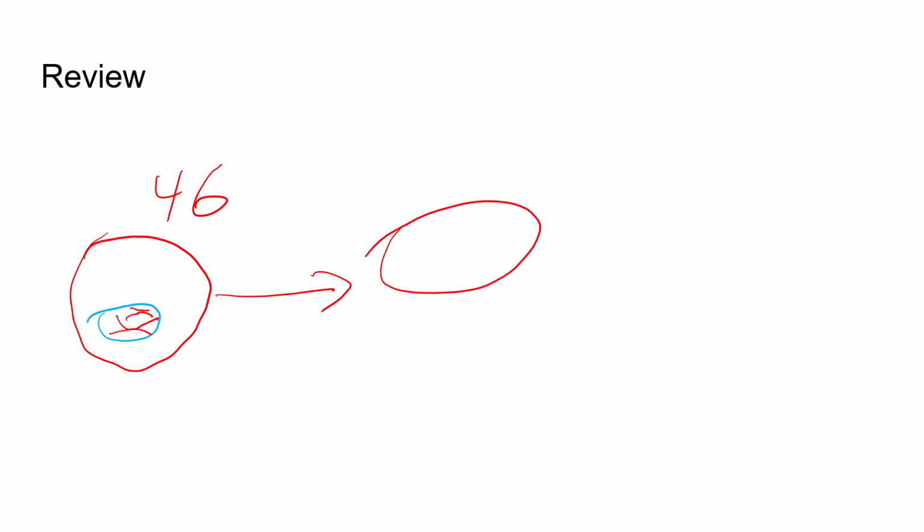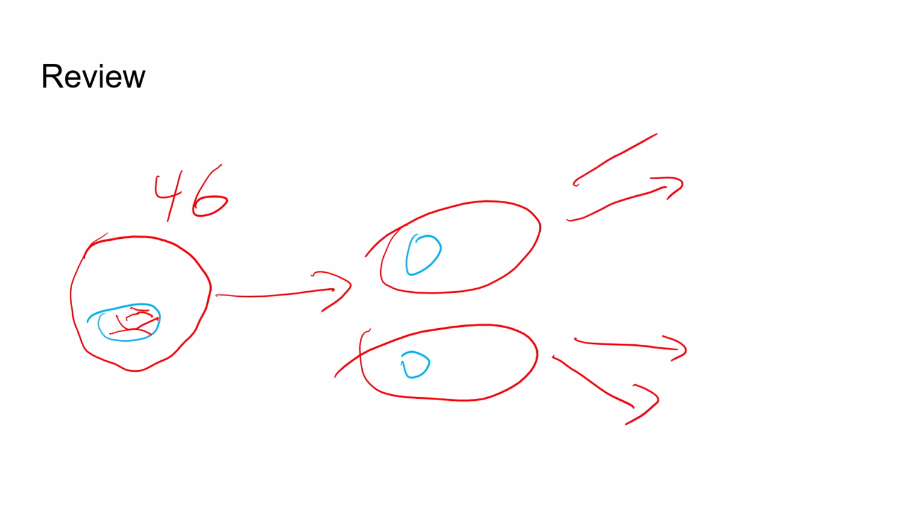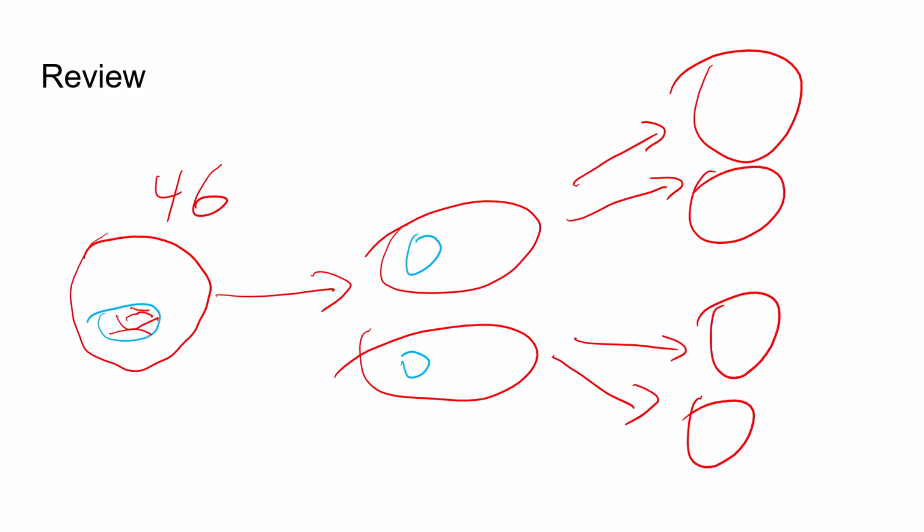And so to do this, you start off with a regular cell, or I should say a cell that has 46 chromosomes, but then that cell divides and it divides again, and you end up with cells that only have 23 chromosomes.